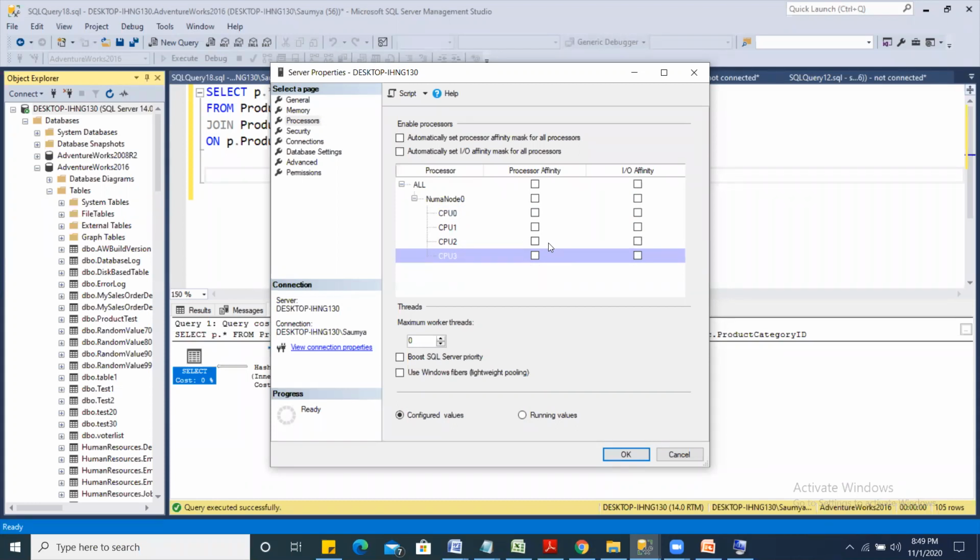So how many processors do you want to allocate to each instance? If you know that a particular instance has less load, you can assign a smaller number of processors there. And if any instance is heavily loaded, or its workload is higher, you can assign more processors there. So in that case, this affinity masking of processors comes into the picture. That is the first thing.